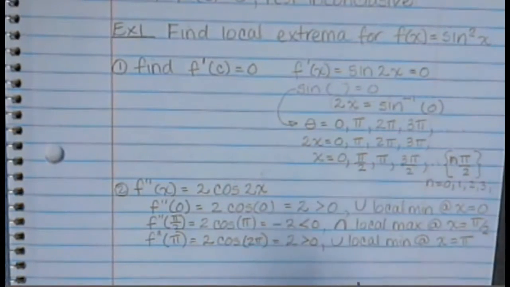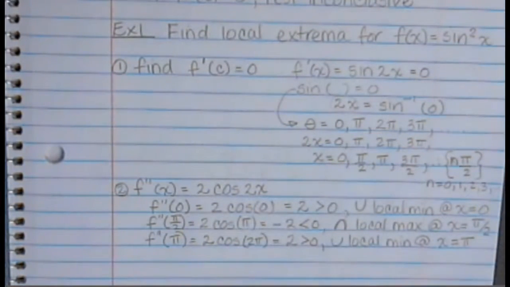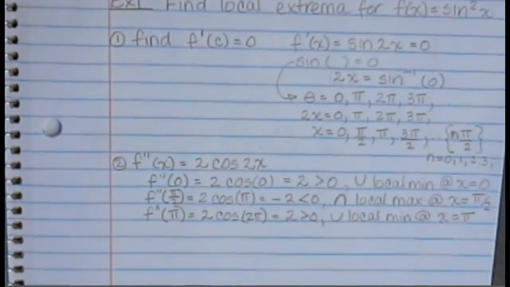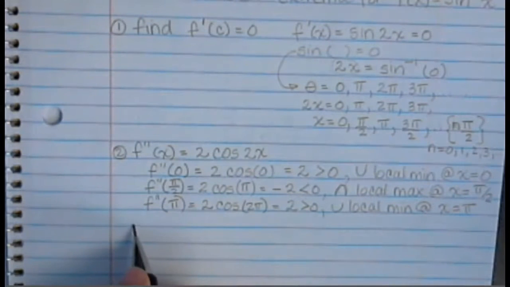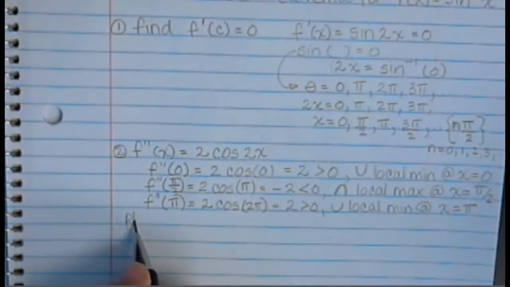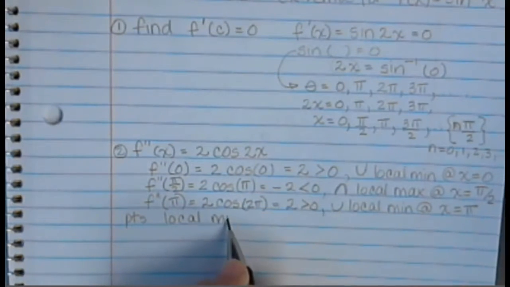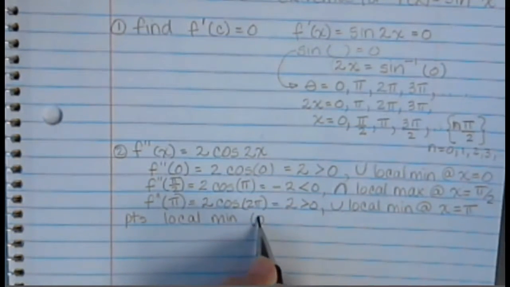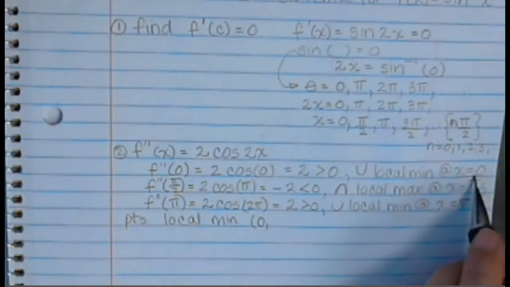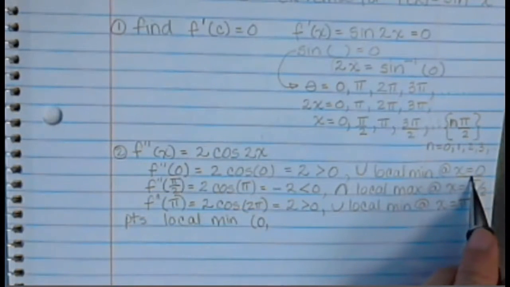So I'm going to stop right there. You can kind of get the idea of what's happening. We can actually find actual points. So our local minimum would occur at 0 when x is equal to 0 right here. So we're going to plug that into f.